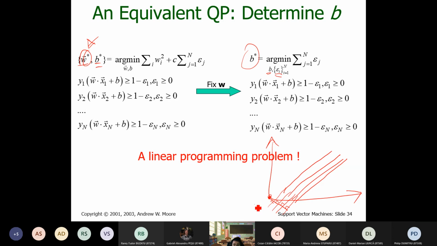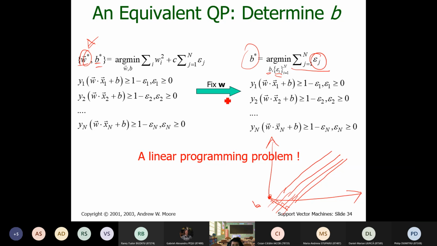This is B that we need to evaluate, and the value of B will also depend on the slack variables, because we need to minimize the summation of these slack variables from the soft margin SVM definition. However, this is a linear programming problem, so it's solvable in O of n.